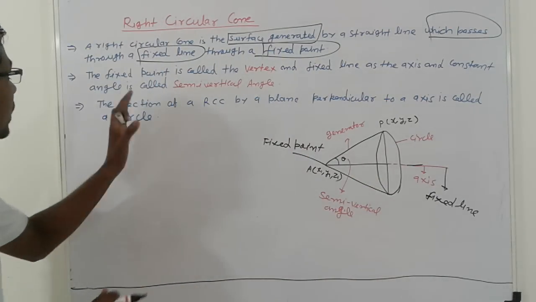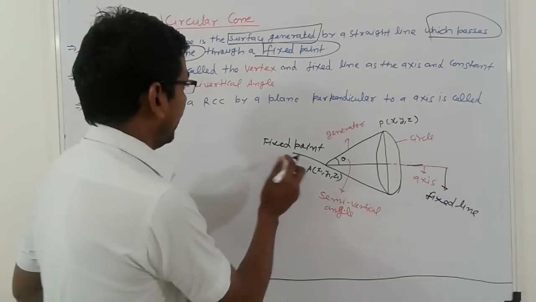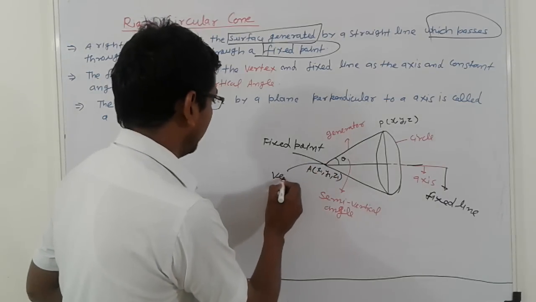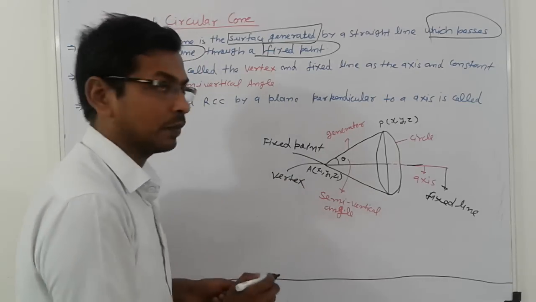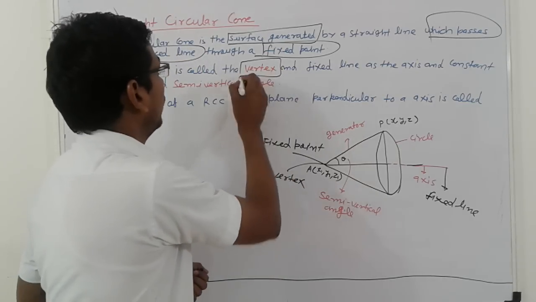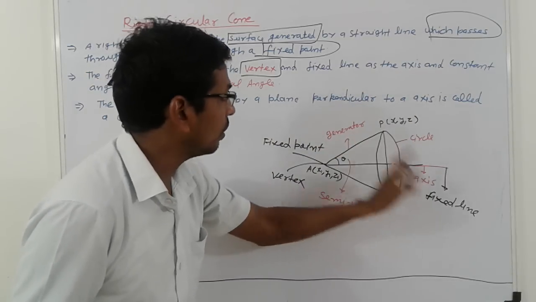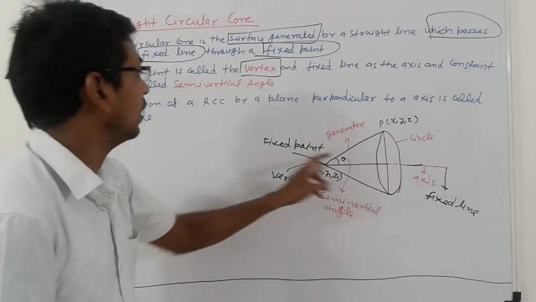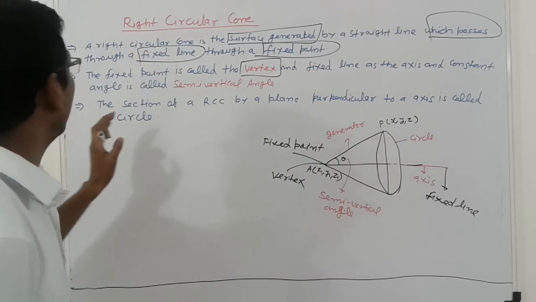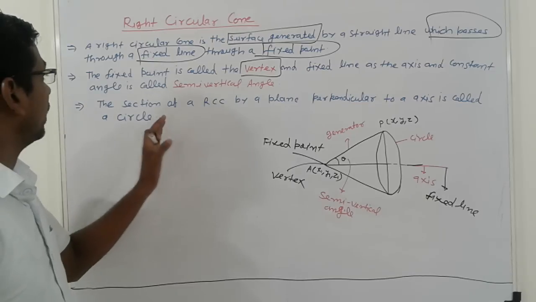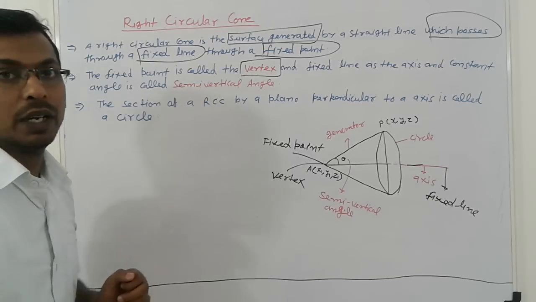Next, the fixed point is called the vertex, and the fixed line is called the axis. The constant angle is called the semi-vertical angle.